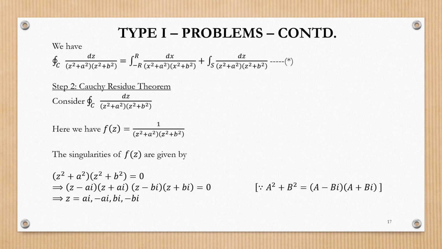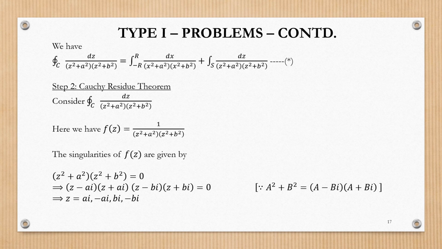We consider the integral on the left hand side of equation star, that is a contour integral. Now what is our f of z here? 1 divided by (z square plus a square) into (z square plus b square). We need to find the singularities of this function, which is obtained by equating the denominator to 0. That is how we get (z square plus a square) into (z square plus b square) equal to 0. But z square plus a square can be factorized using the formula given in the side, a square plus b square equal to (a minus bi) into (a plus bi).